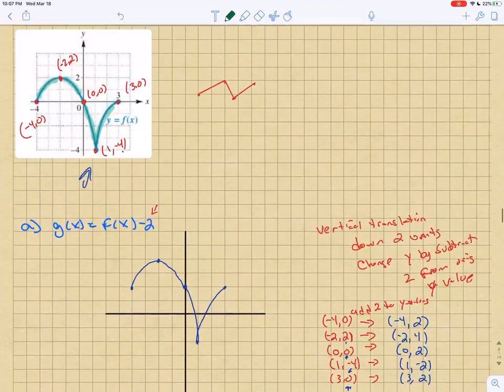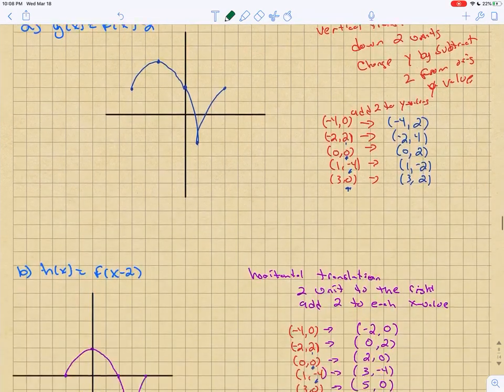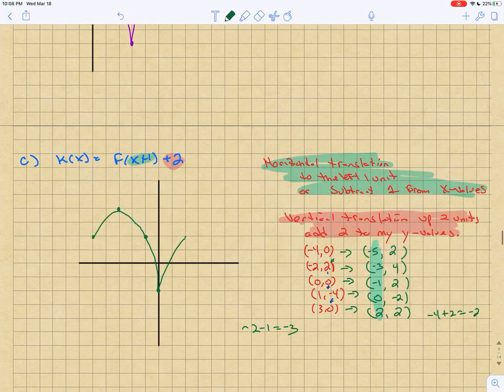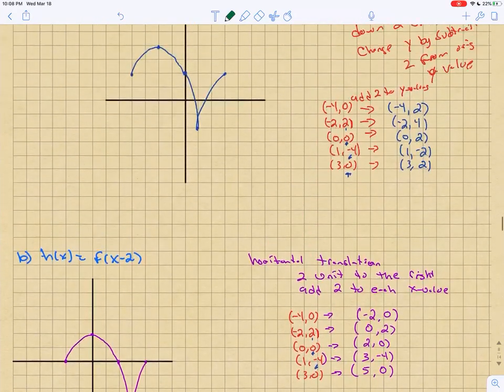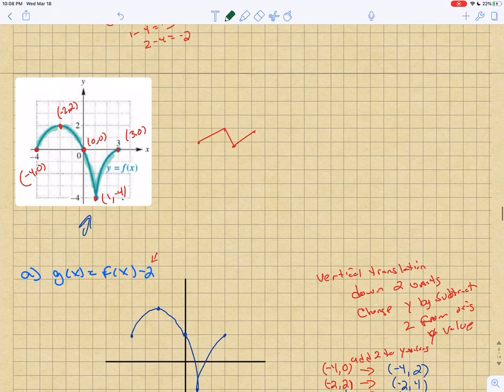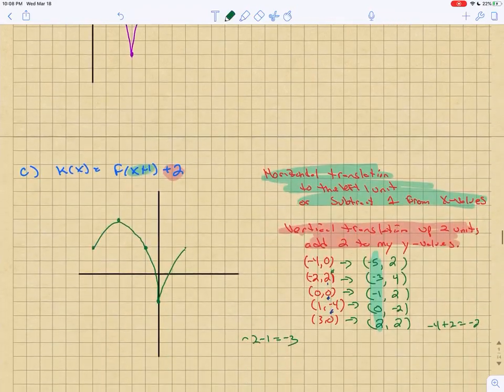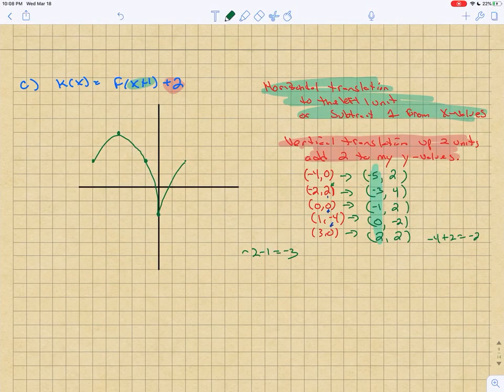So it should look like the original, but in this case, it should have been raised up 2 units and shifted over 1. So it's translated 1 unit over, right? There we go.